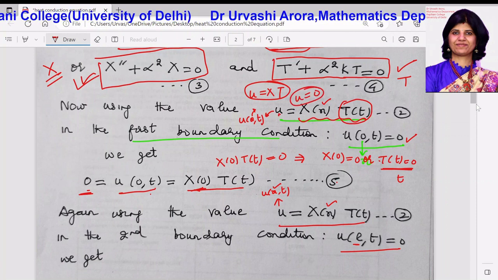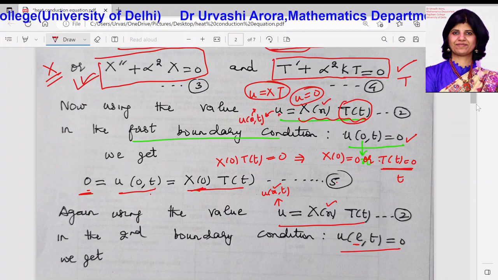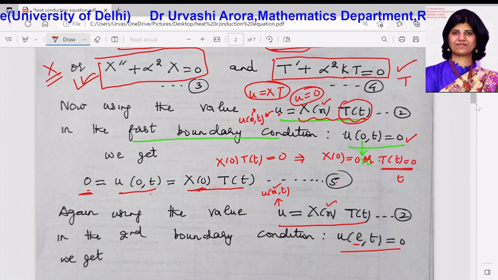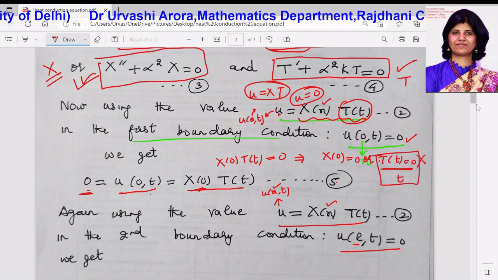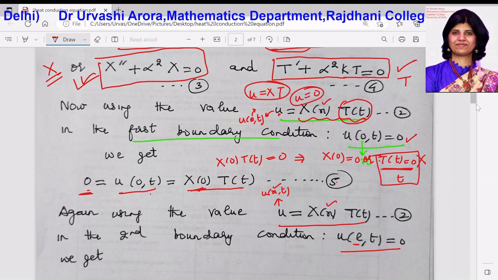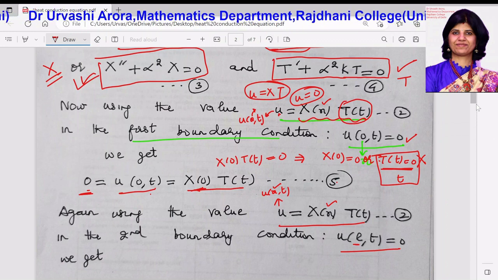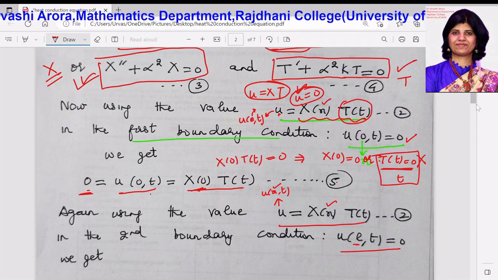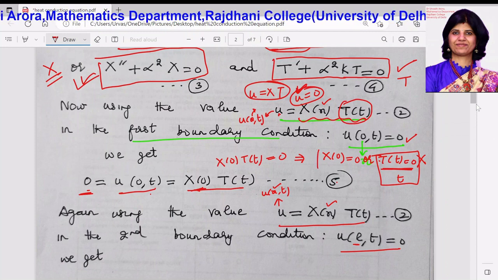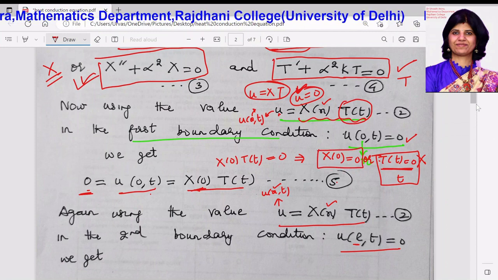But we are not looking for 0 values of u, we are looking for non-trivial solutions or non-zero values of u. This means that you cannot take T(t) equal to 0, because this value is of no interest to us. This means that the only possibility left is X(0) is equal to 0.